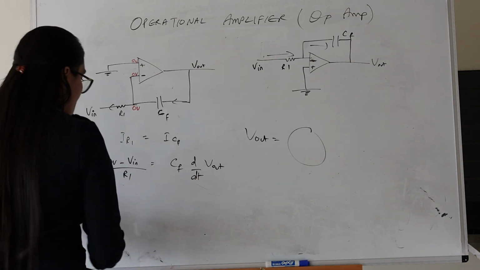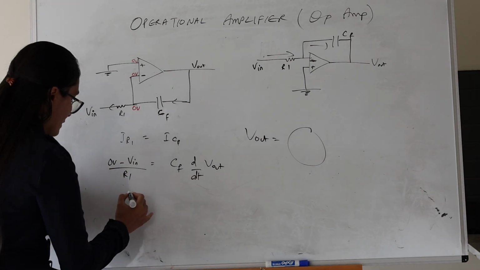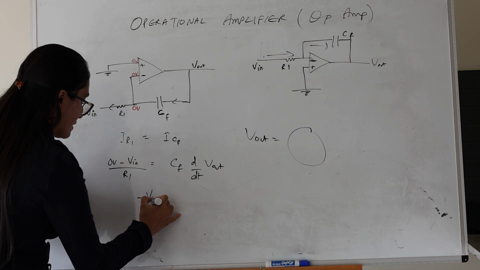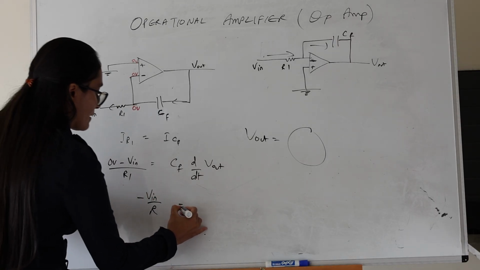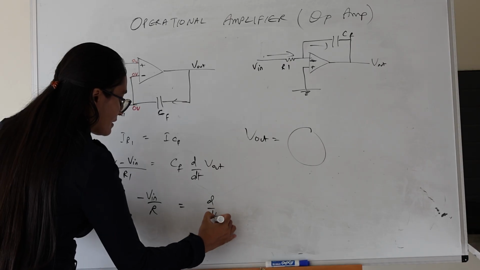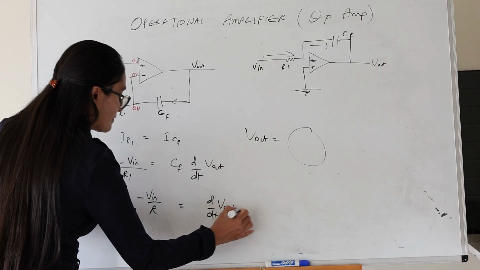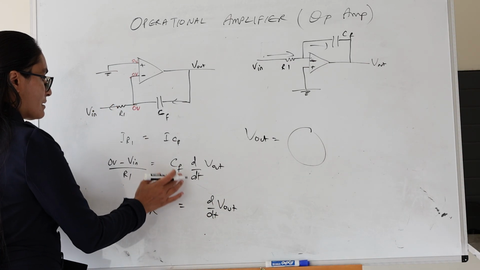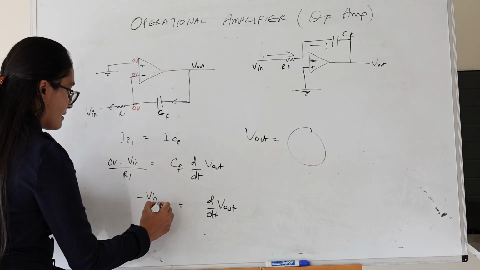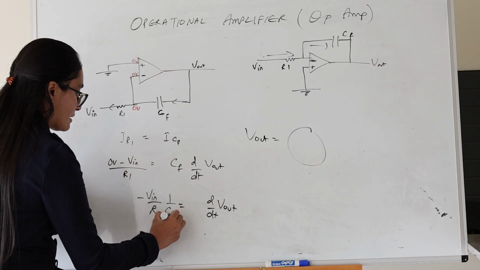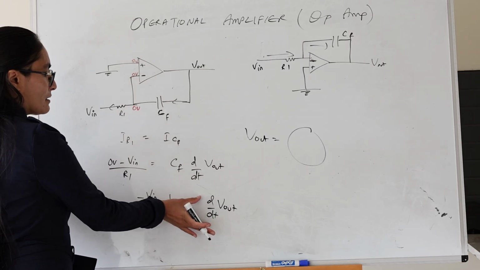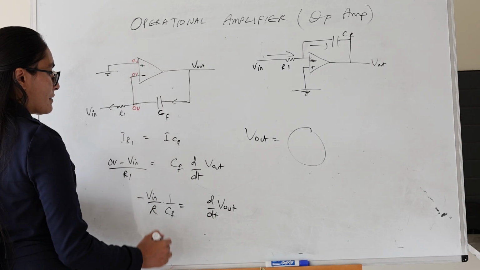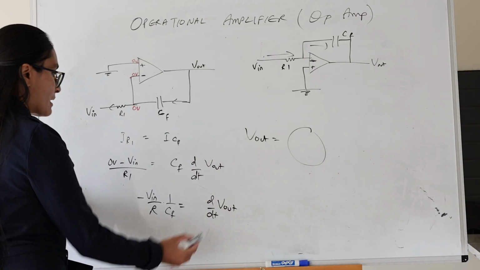So if we rearrange this, we get V in over R1, equals dV out/dt, and I'm going to bring this CF to the other side, 1 over CF. In order to get rid of this differential, I can take the integral on both sides with respect to time.